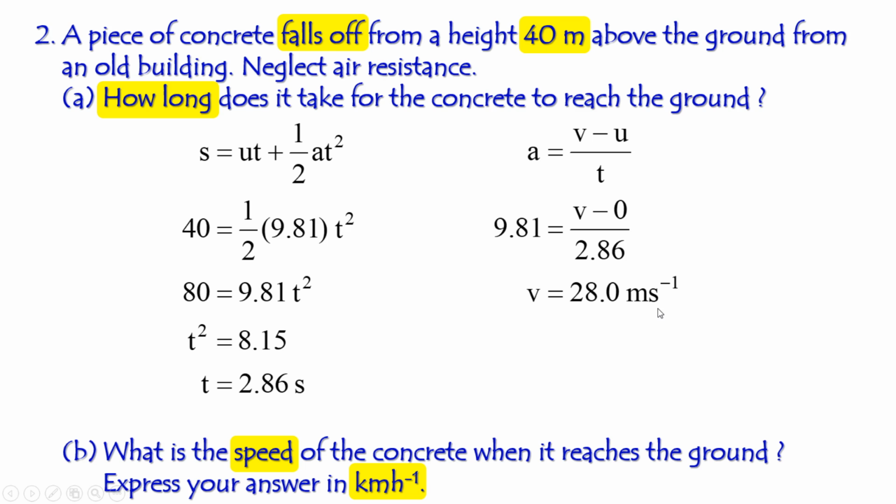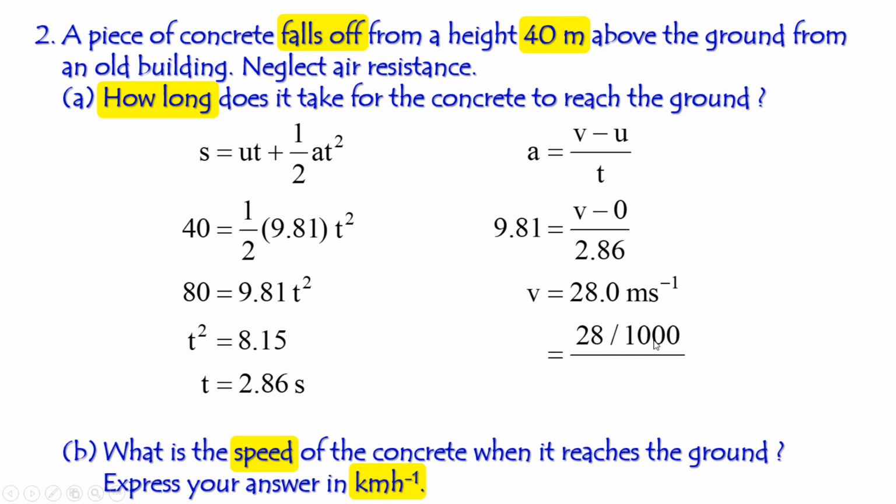28.0. But this answer is in meters per second, not the required answer in km per hour. How can you change this to km per hour? It is not difficult. If you need to change km to m, then you multiply by 1000. On the contrary, if you need to change m to km, then you simply divide this 28 by 1000.